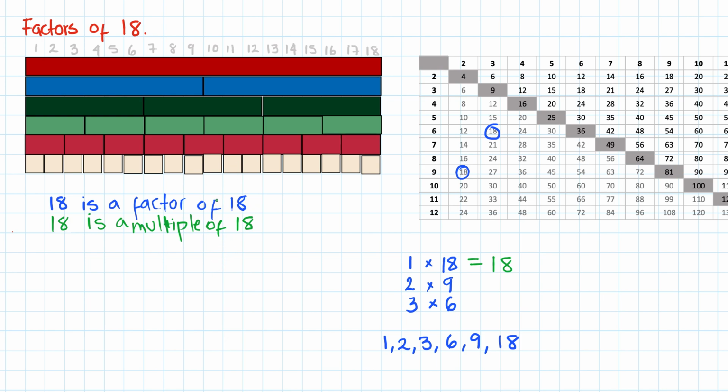What? Yes, it is. Now, can I say that 9 is a factor of 18? Yes, 9 is a factor of 18. Agree? And 18 is a multiple of 9.